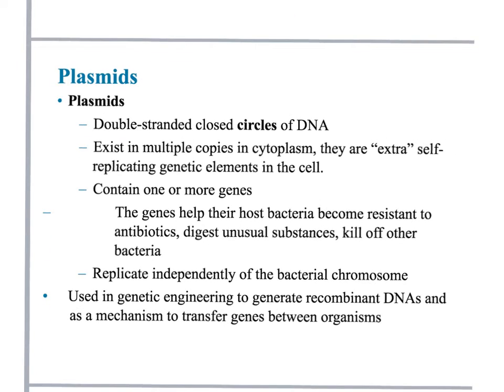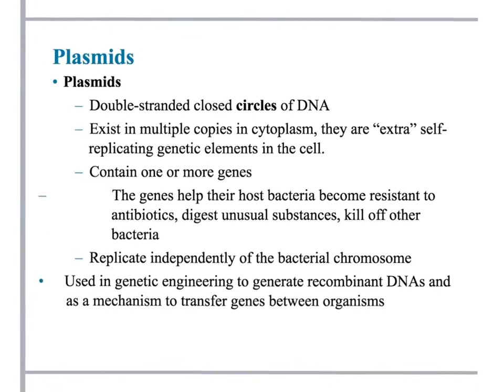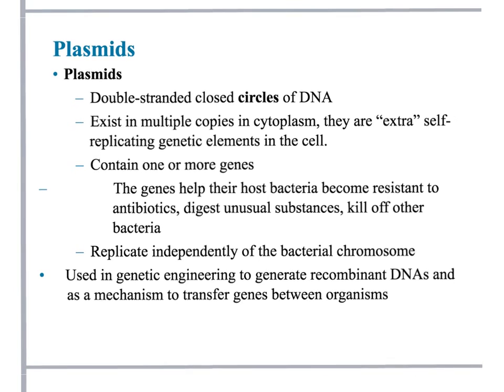And then that brings us to our topic of plasmids, which are similar to E. coli, but they are different. They are distinctly different. Plasmids are double-stranded, closed circles of DNA, whereas bacteria is often one strand. And plasmids exist in multiple copies within the cytoplasm. They're naturally occurring. They're considered extras within the cytoplasm. They self-replicate the genetic elements within the cell, and they contain one or more genes.